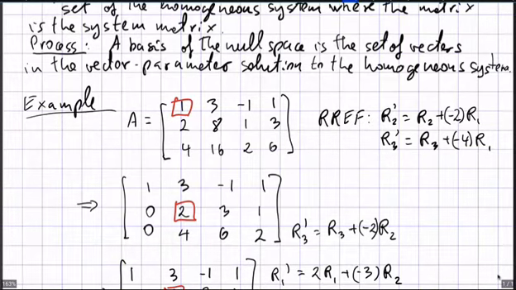To get the reduced row echelon form, we start with the pivot in the 1-1 entry, and we make the entries under it 0. So the new row 2 will be row 2 plus minus 2 times row 1, and the new row 3 will be row 3 plus minus 4 times row 1.